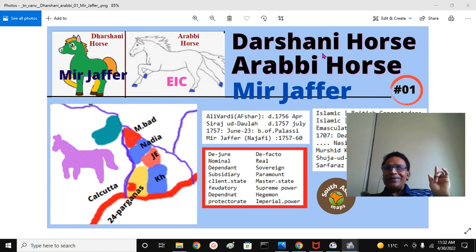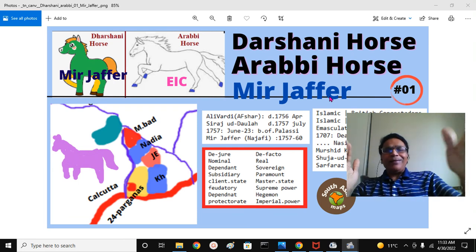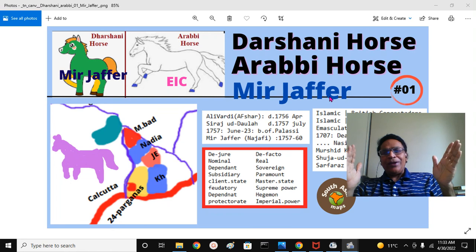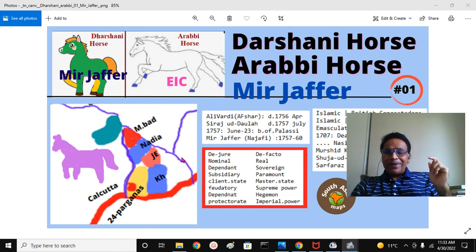In our Dharshani horse, Arabbi horse series, we talked about the prominent political and military events that happened in the latter half of the 18th century in the Indo-Gangetic plains, that is in the Bengal Suba in the Gangetic Delta.